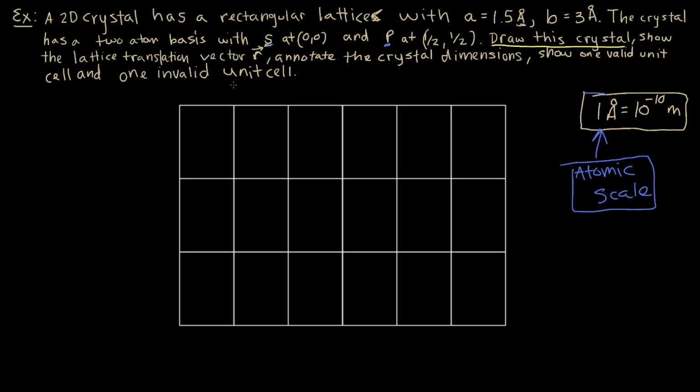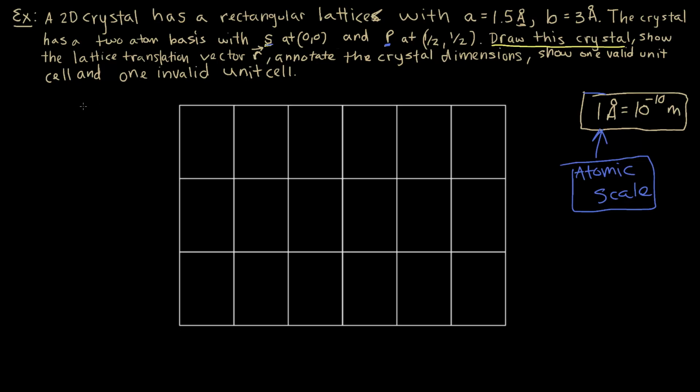So we're going to use that definition of the unit cell from the last video. At this point, I believe you can solve this problem on your own if you've been going through each video. So if you would like to do that, I would pause the video here and then come back.